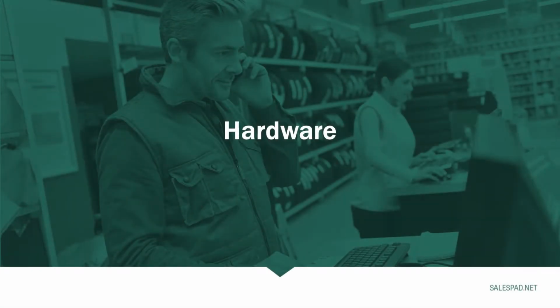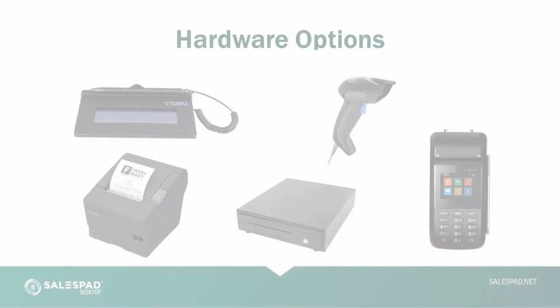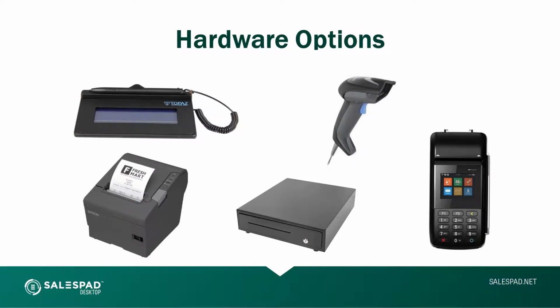As I mentioned, we also integrate with a number of hardware components to really round out the point of sale type experience. In terms of hardware options, if you need a signature capture like a Topaz pad, we do support that. We also support the APG 100 cash drawers, and we have scripting that we can deploy to pop that drawer at the completion of the sale.